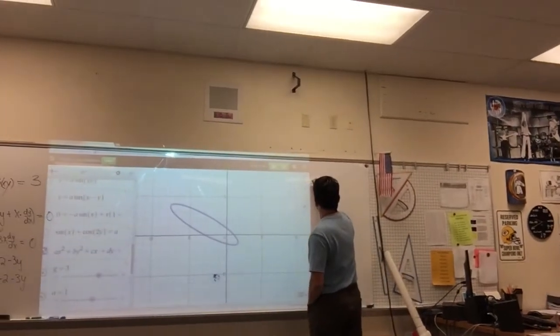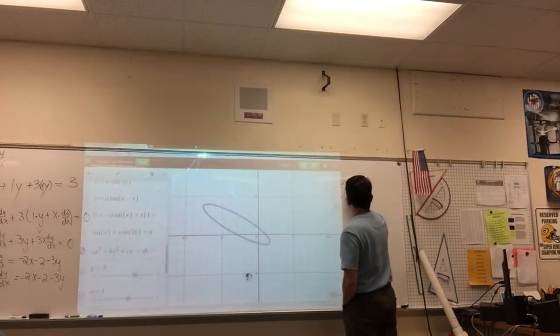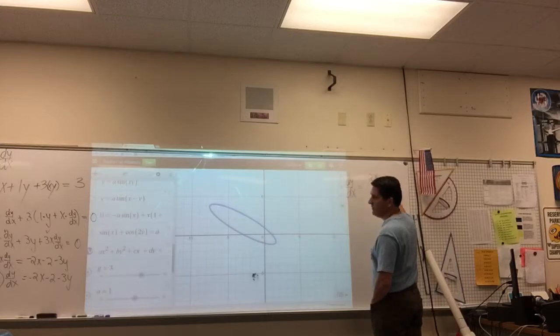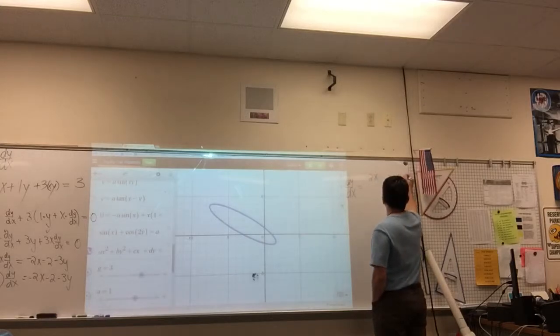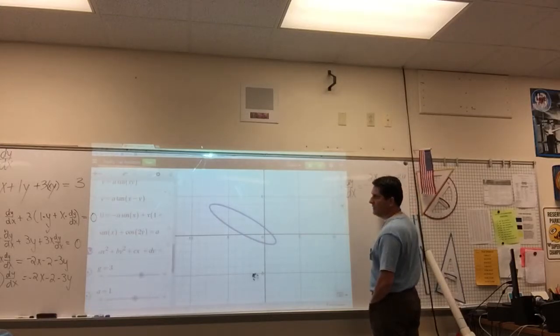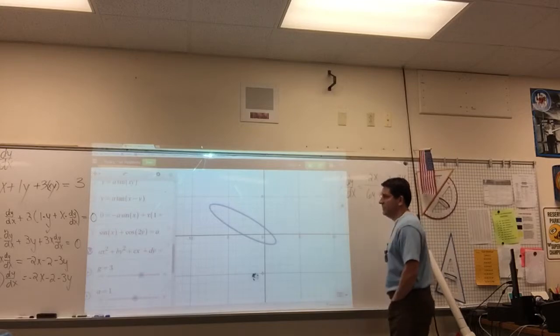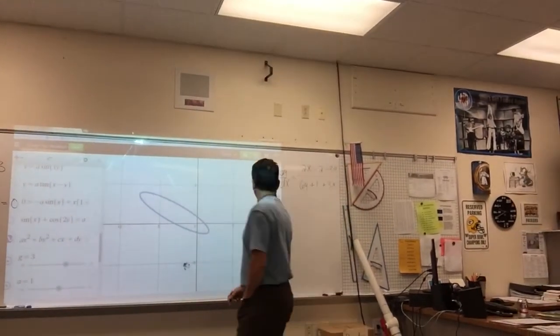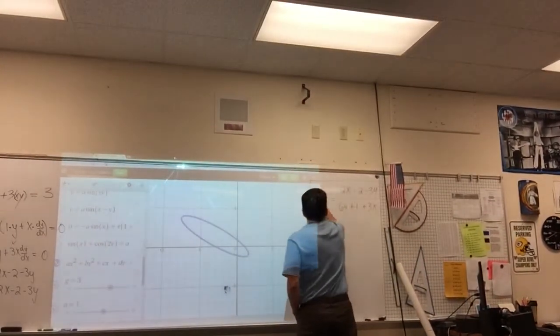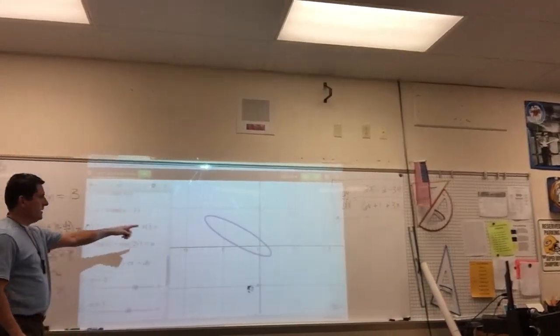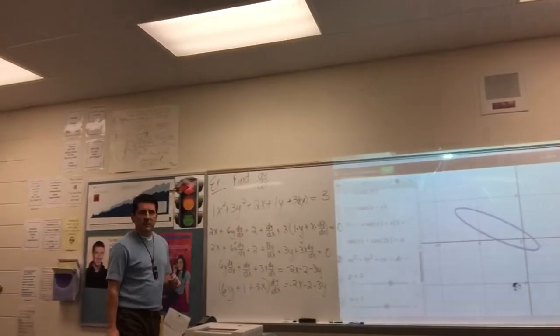And then, therefore, dy/dx is equal to (negative 2x minus 2 minus 3y) over (6y plus 1 plus 3x). This expression tells you the slope of the line tangent to that curve at any given values.